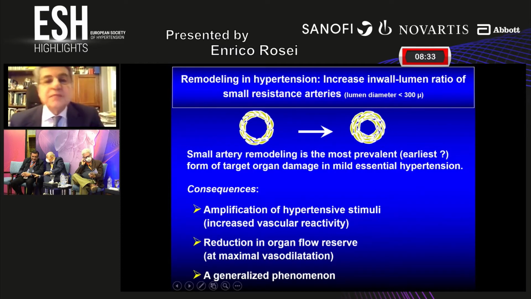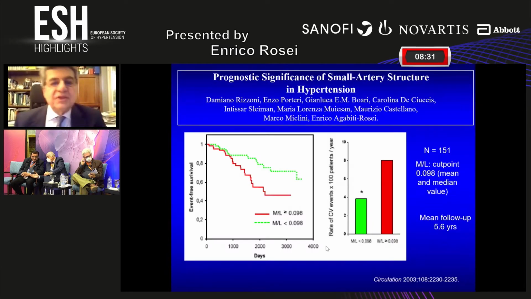A third point is that this alteration has a very important prognostic significance. We demonstrated this many years ago in patients at high risk, I have to say, and those with a media-to-lumen ratio above the median had a less event-free survival than those with a media-to-lumen ratio below the median value.